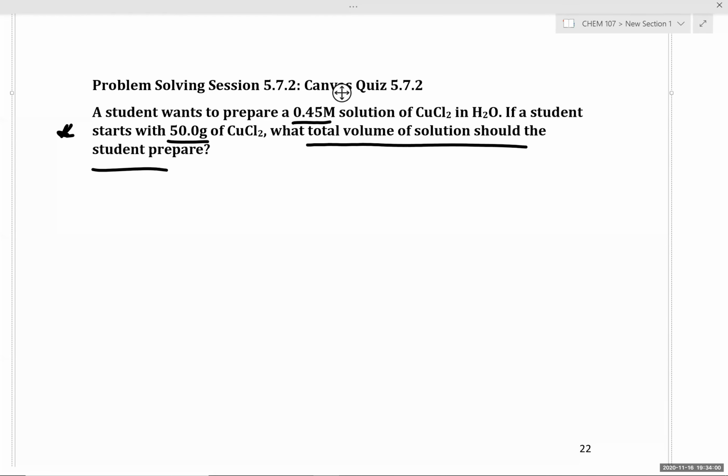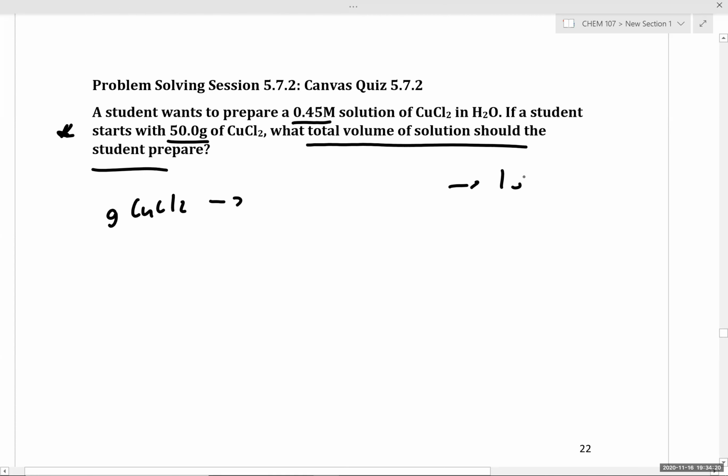Okay, so let's discuss this example. In this case, we are given the grams of copper chloride, okay? And our end goal is to get the liters of solution.